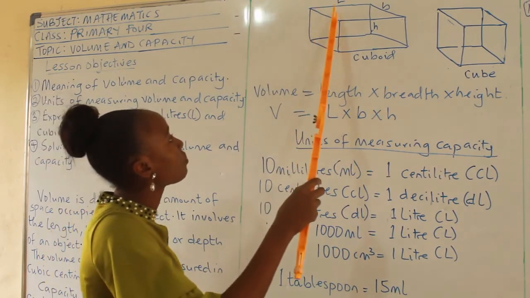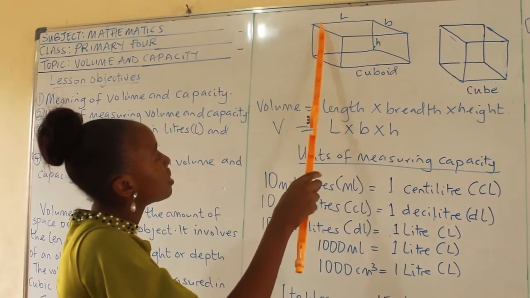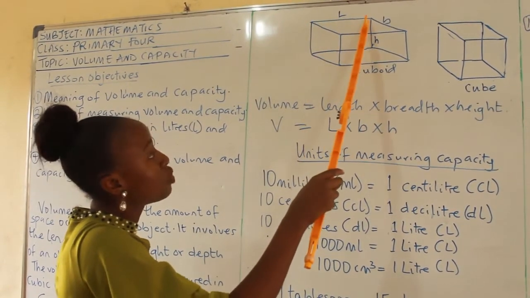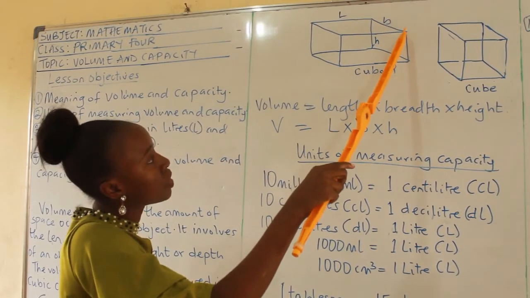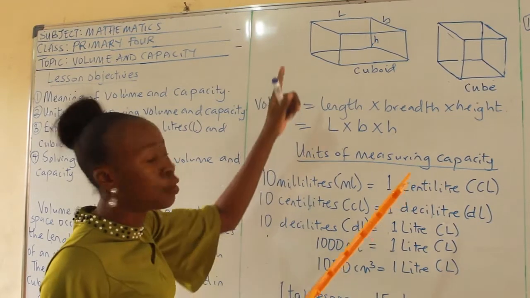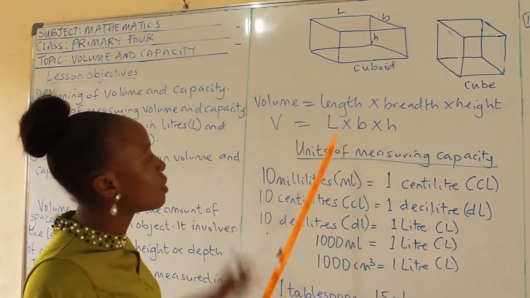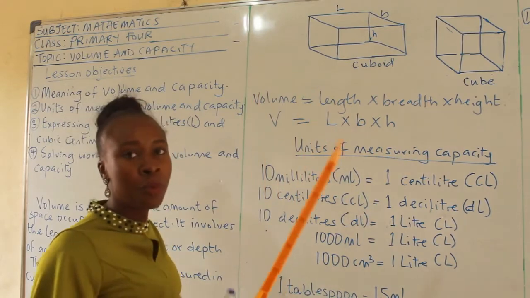If you look at this cuboid carefully, this dimension is the length, this other side is the breadth, and then we have the height. So to find the volume of this cuboid, we multiply the length, the breadth, and the height.